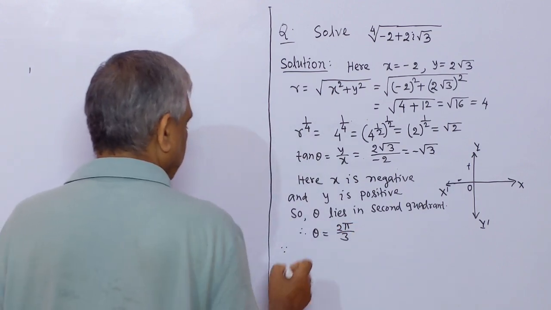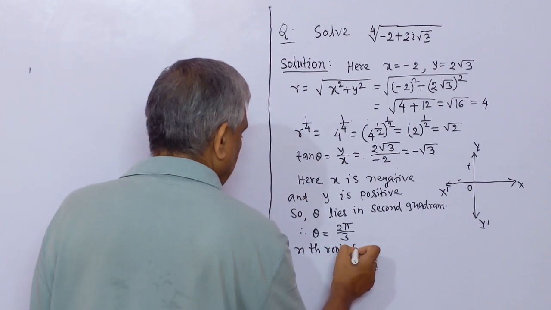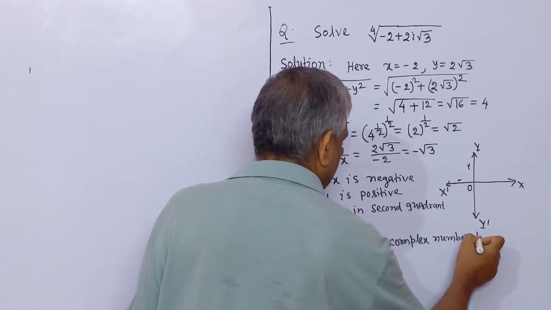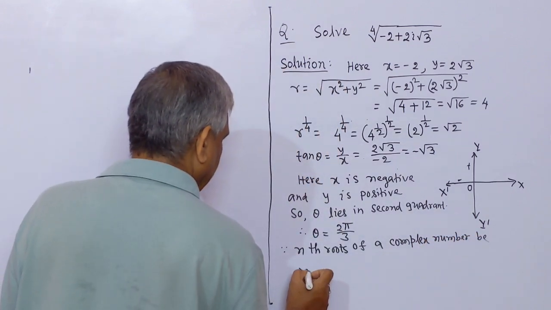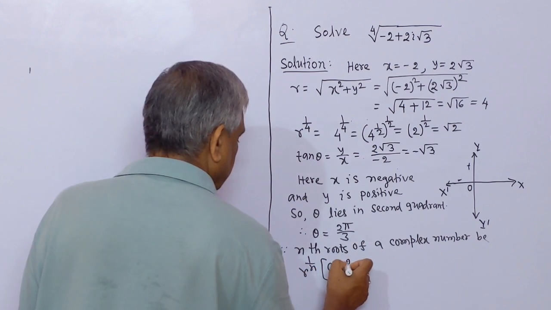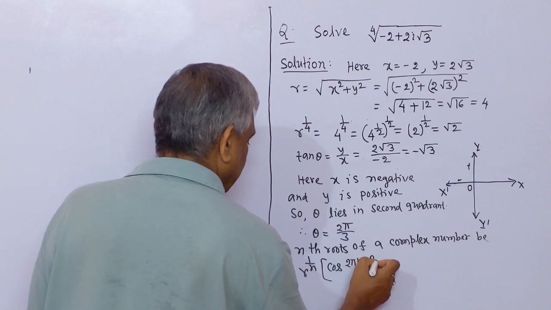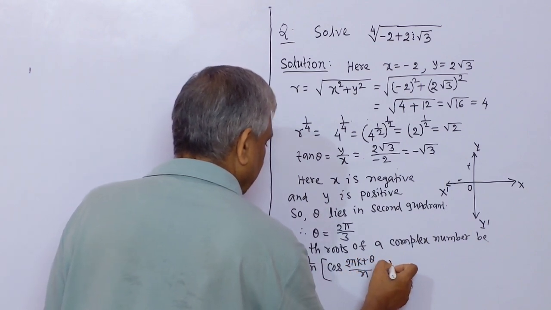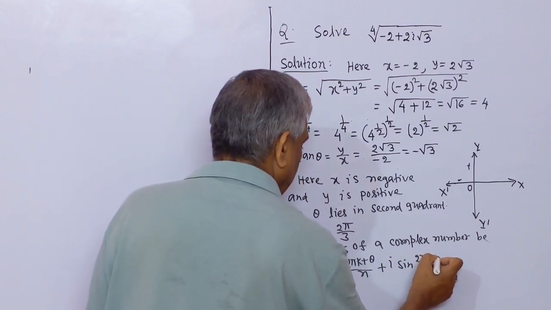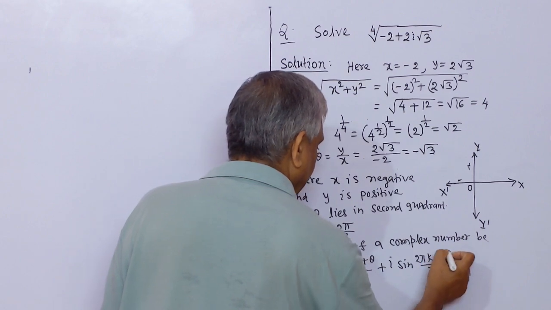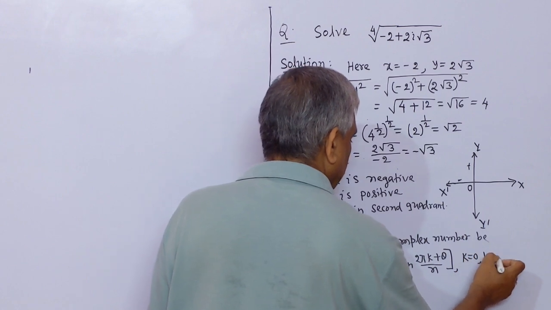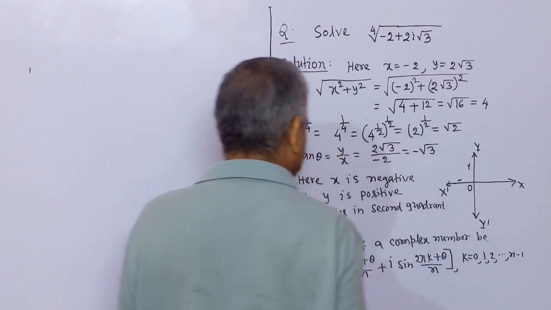Since the nth root of a complex number is r to the power 1 by n, cos of (2 pi k plus theta) by n plus i sin of (2 pi k plus theta) by n, k equal to 0, 1, 2, up to n minus 1.